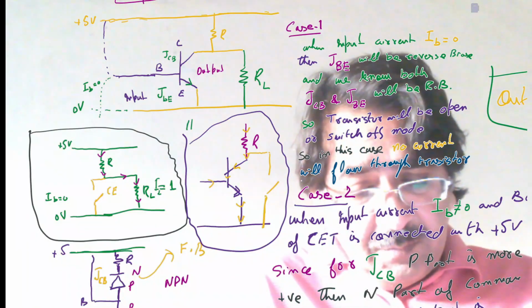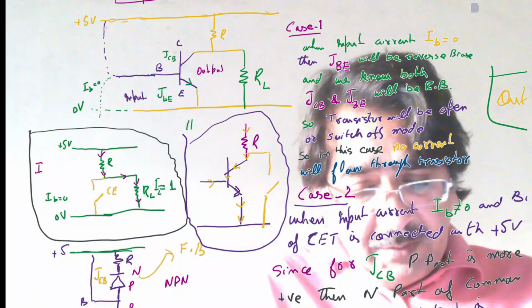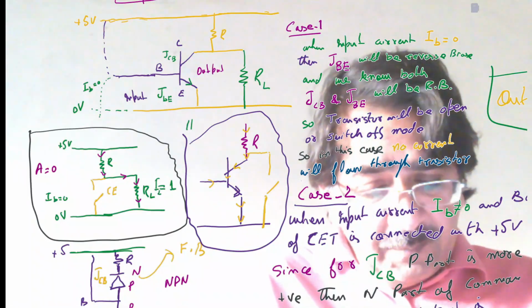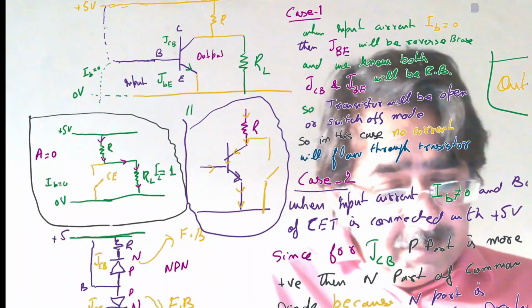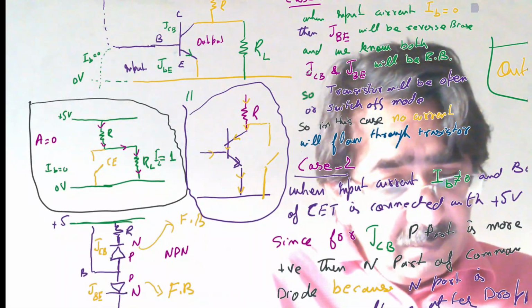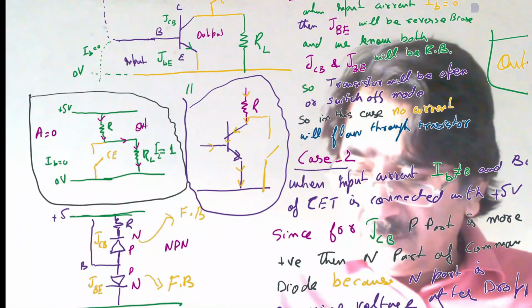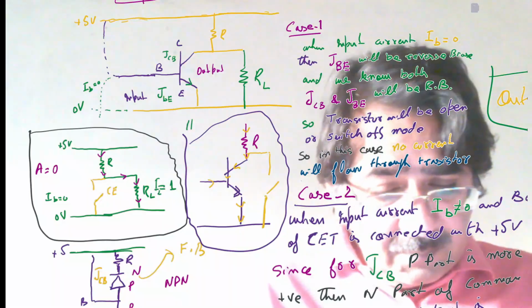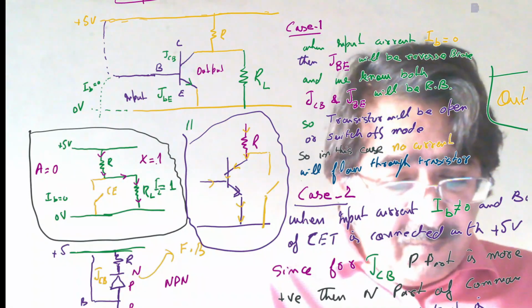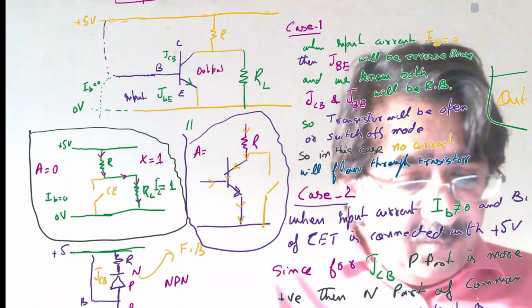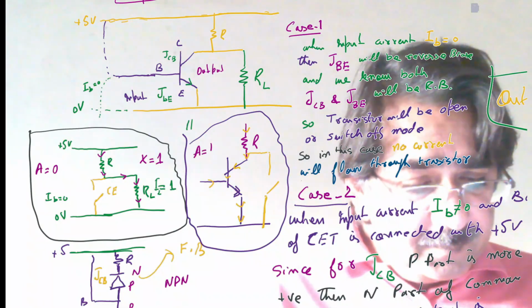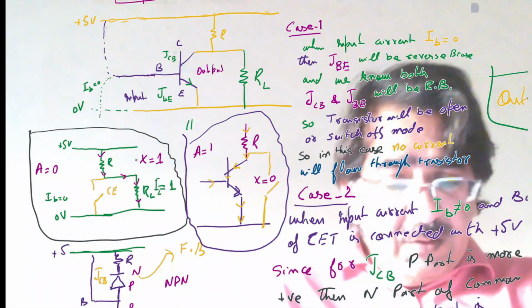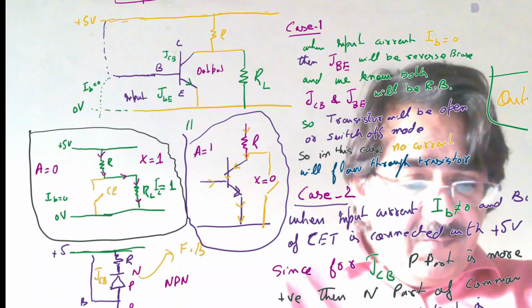When the input is zero, the output will be one. When the input is one, then the output will be zero.